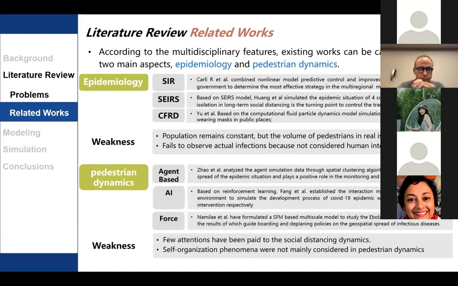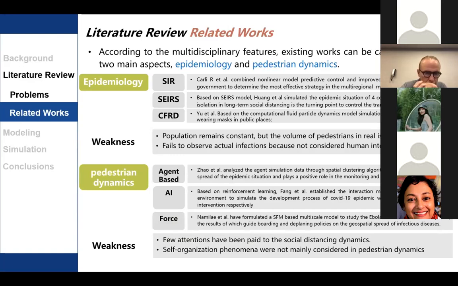In the field of epidemiology, there are SIR, SEIRS, and other transmission dynamic models. The weakness of these studies is that the population remains constant, but the volume of pedestrians in real life is variable. Second, the previous studies fail to observe actual infection because they do not consider human interactions in a crowd.